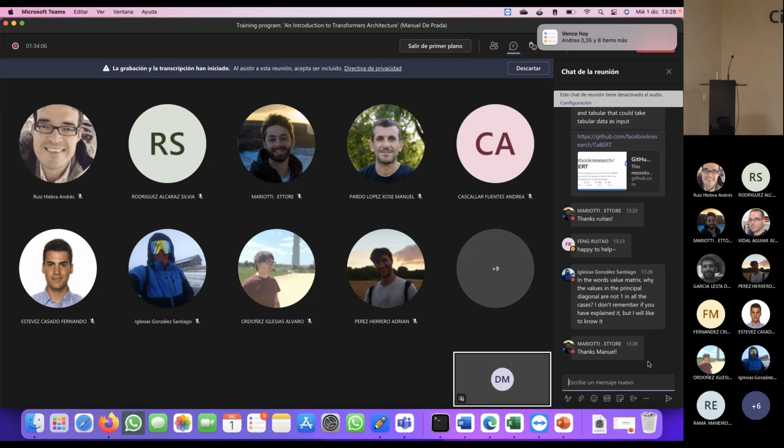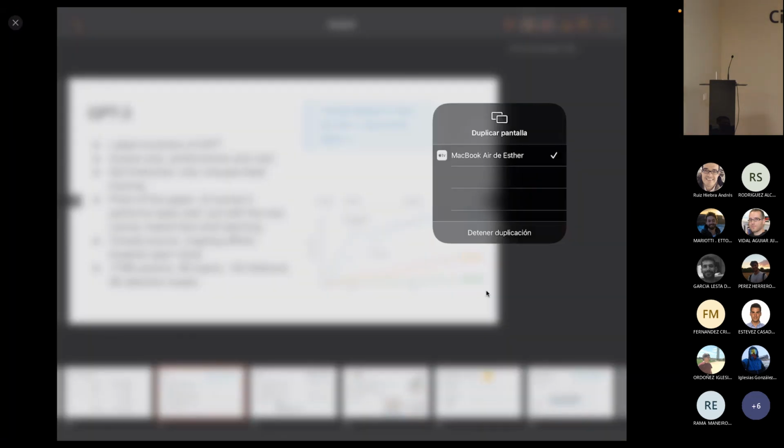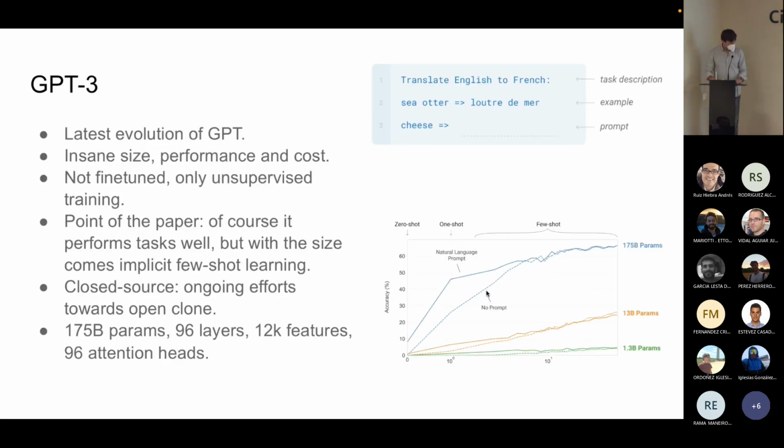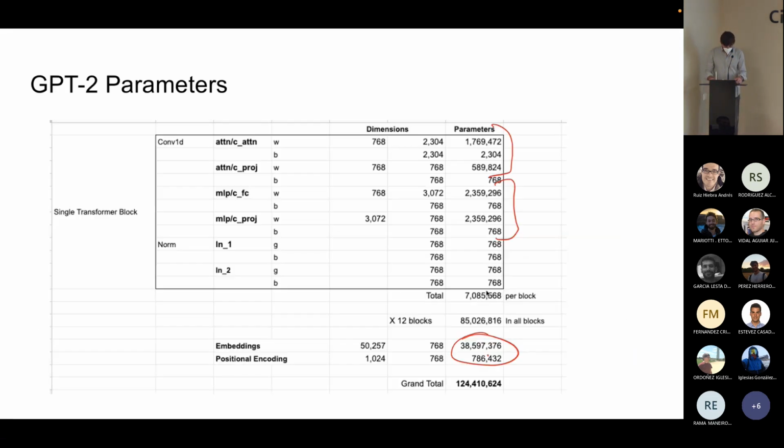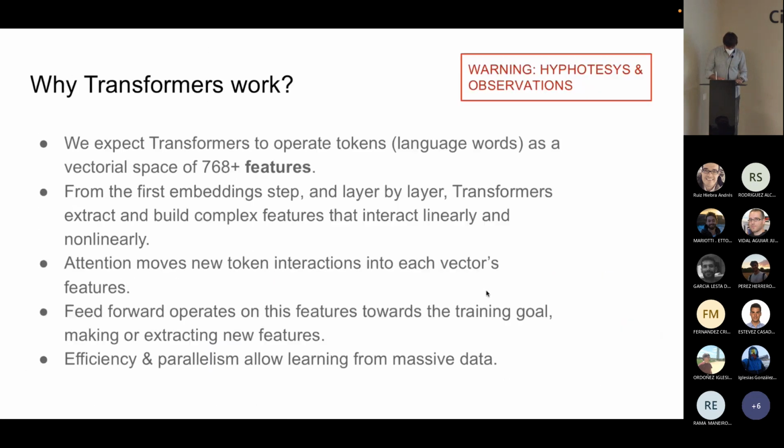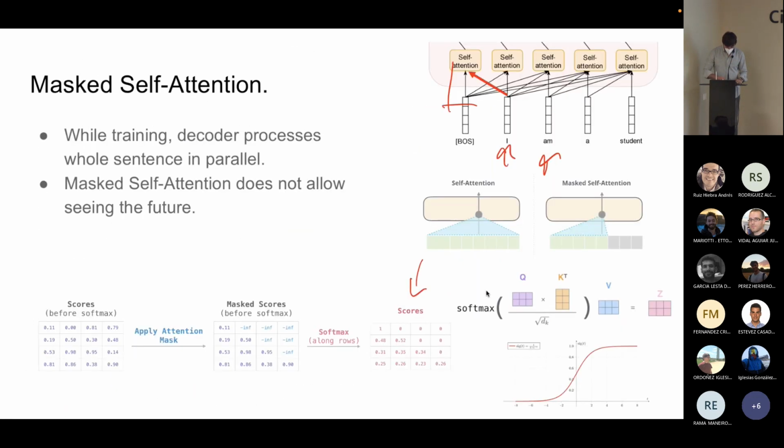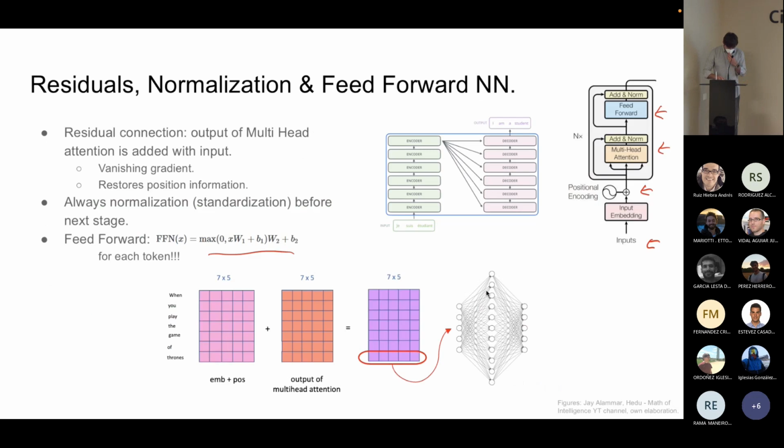I don't have the slides now, so I have to put them up again. Okay. In the slides, as you can see, in the attention matrix, why is not everything a 1 in the diagonal?